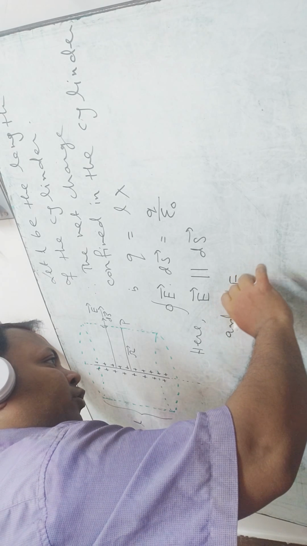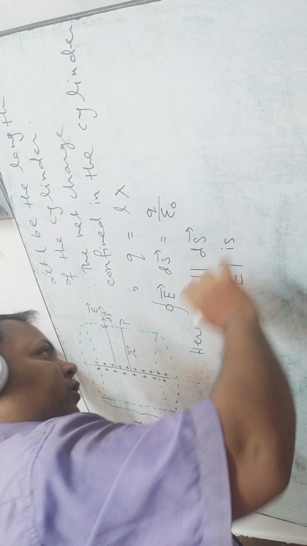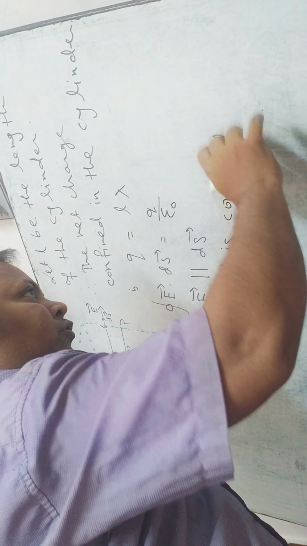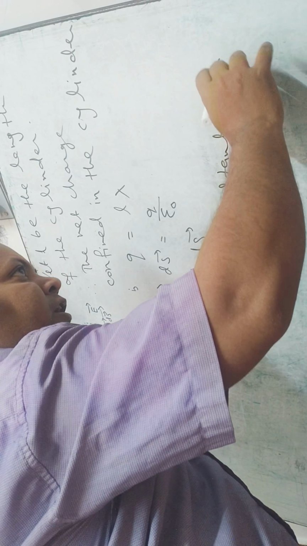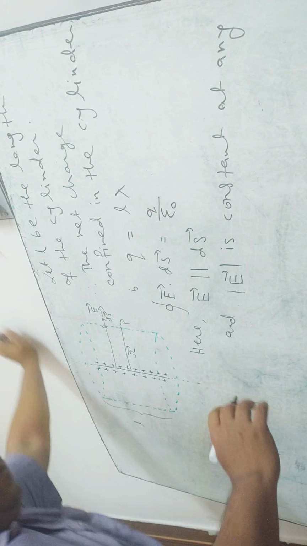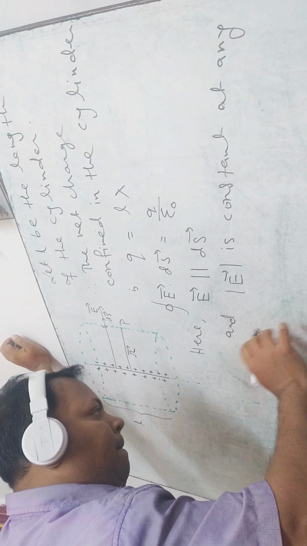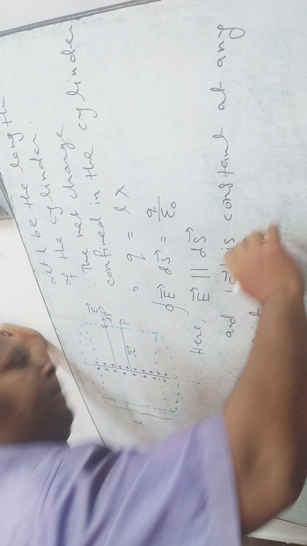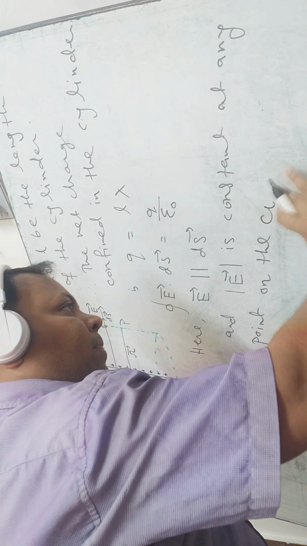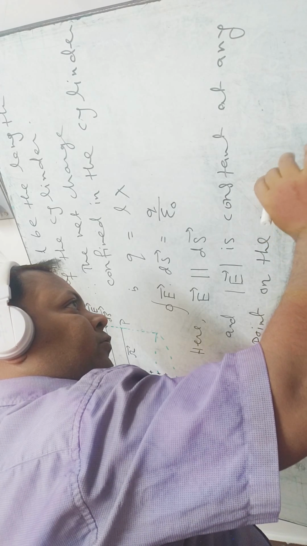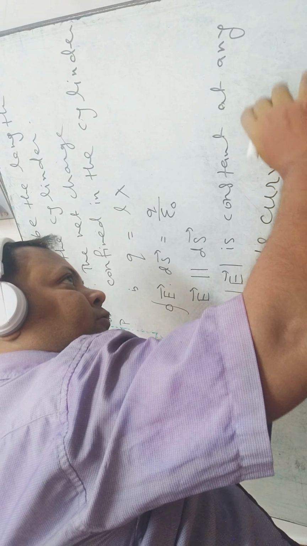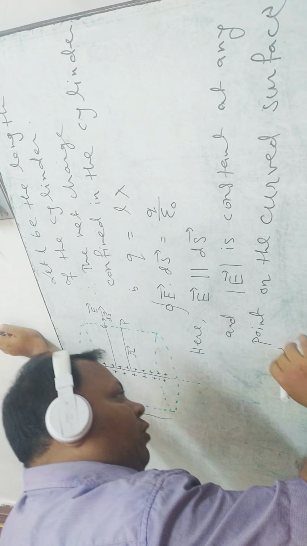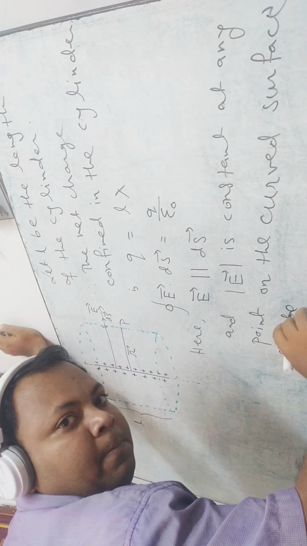The magnitude of E is constant at any point on the curved surface of the cylinder.